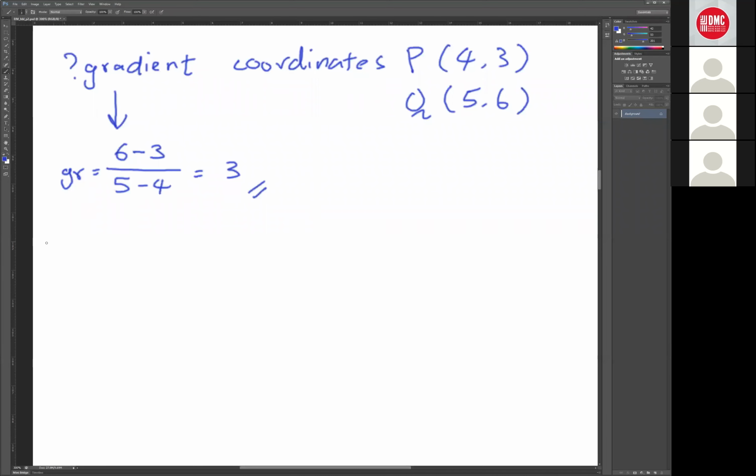So next question, we have to solve for the following: sine x equals negative 0.7, from the range of 0 degrees to 360 degrees.